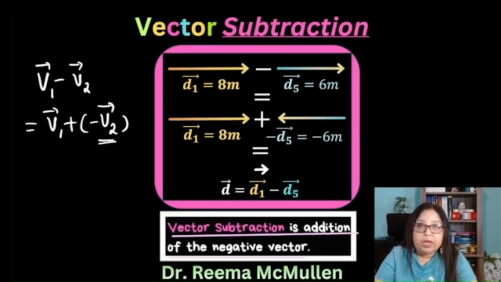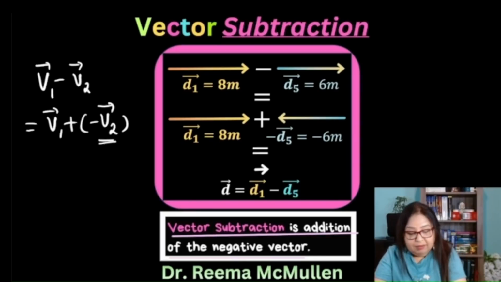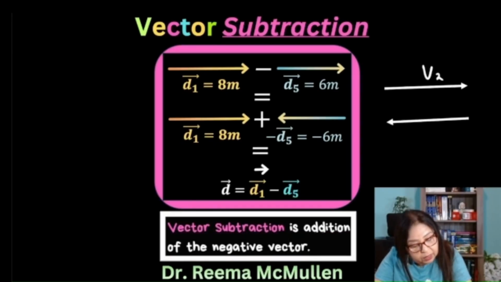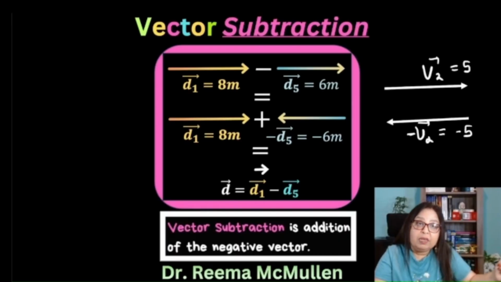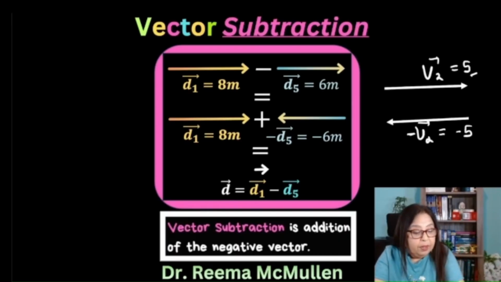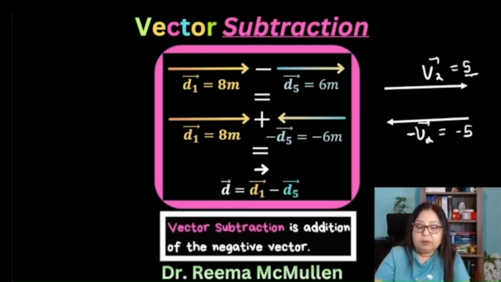That's all. V2 and minus V2 are exactly equal in magnitude. They are different only in the direction. So if V2 is, let's say, 5 units, then minus V2 will be minus 5. And this minus just means that it's going to the left, and plus 5 means it's going to the right. So vector subtraction, you do not have to learn it separately from vector addition.